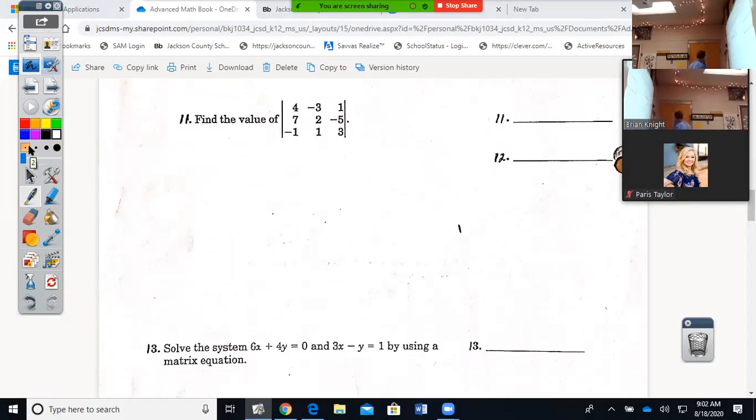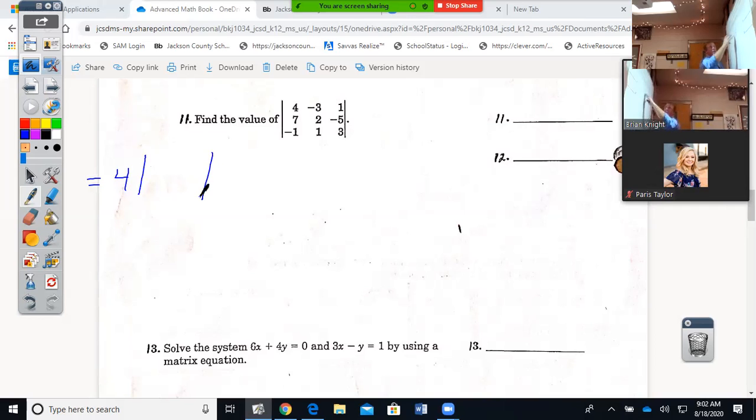So if you've forgotten, take the top row, right? So that's going to be 4. In a 2x2 matrix, what do we do with the second number? Now remember? We do the opposite.